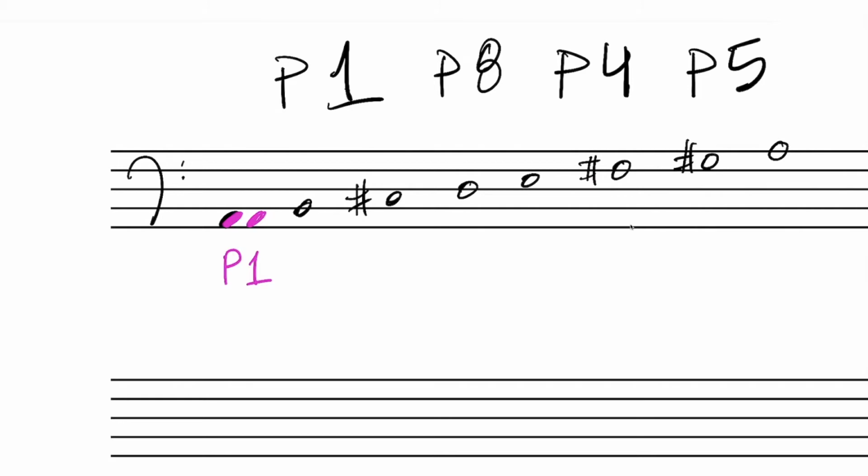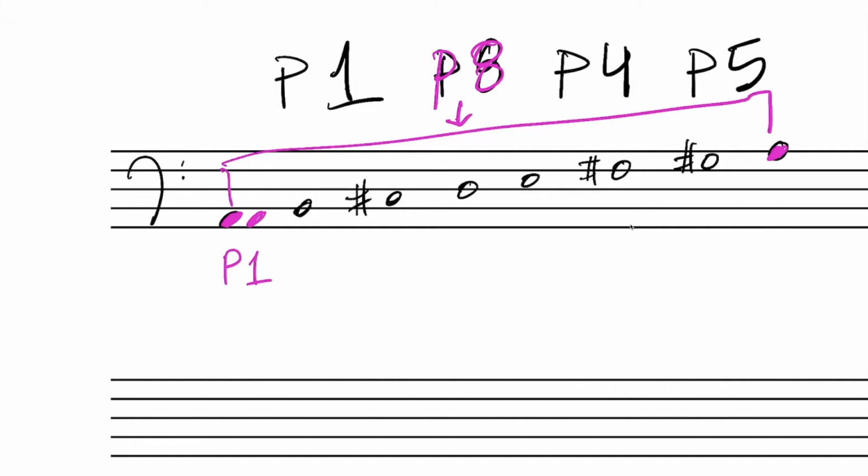Let's go on and find the perfect octave. This one also goes from tonic to tonic, except now there is an octave in between the two. They sound very similar, have a very special relationship, and we call that the perfect octave.